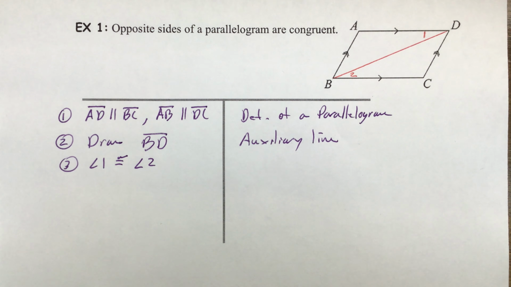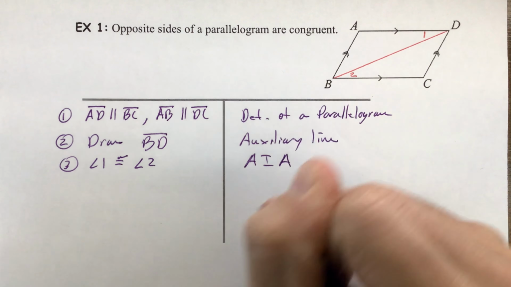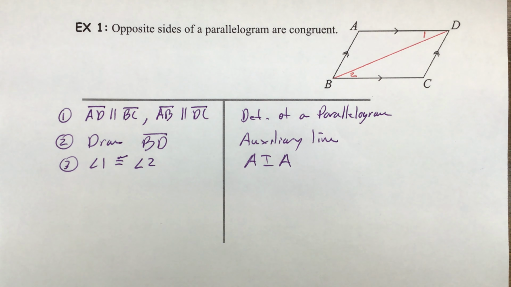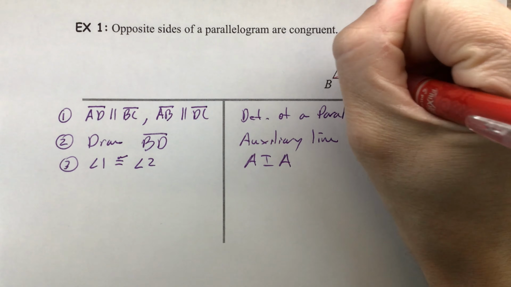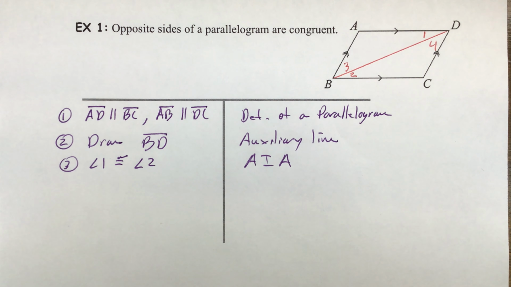So angles 1 and 2, under the circumstance that I got the parallel lines, are going to be congruent. We call that alternate interior angles. Likewise, I can call this angle 3, this angle 4, and for the exact same reason, AIA, I can say that these are going to be congruent.